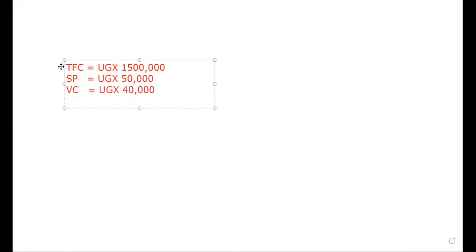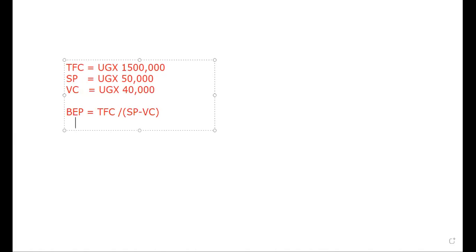These are the key elements we found. Total fixed cost was rent plus other fixed costs, that is 1.5 million. Then first of all, break-even point is calculated by total fixed cost divided by contribution, which is selling price minus variable cost. This is the formula.